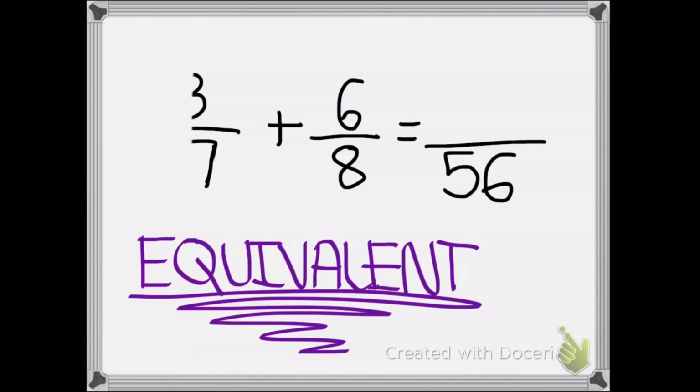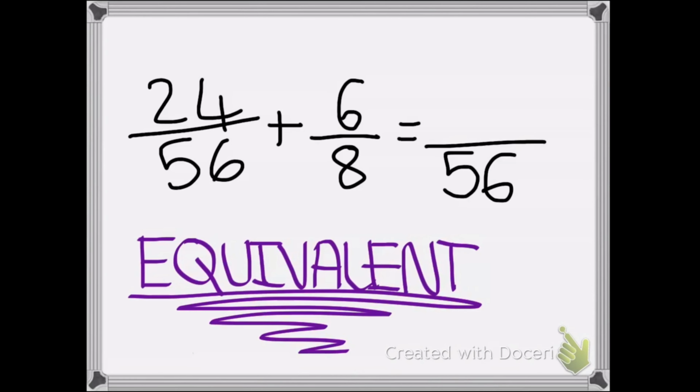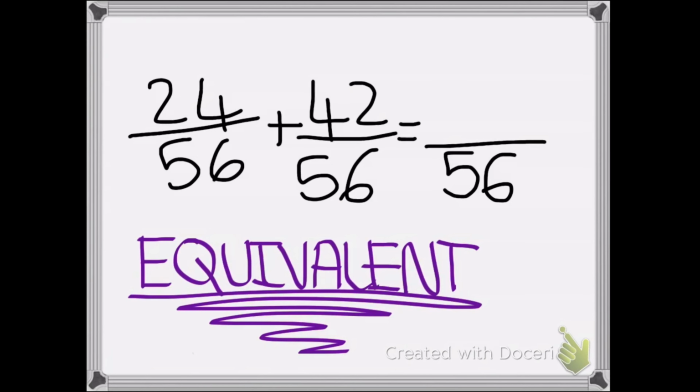So we found our new fractions. 3 by 7 is now 24 by 56, and 6 by 8 is now 42 by 56. Let's replace them. 24 by 56 and 42 by 56.